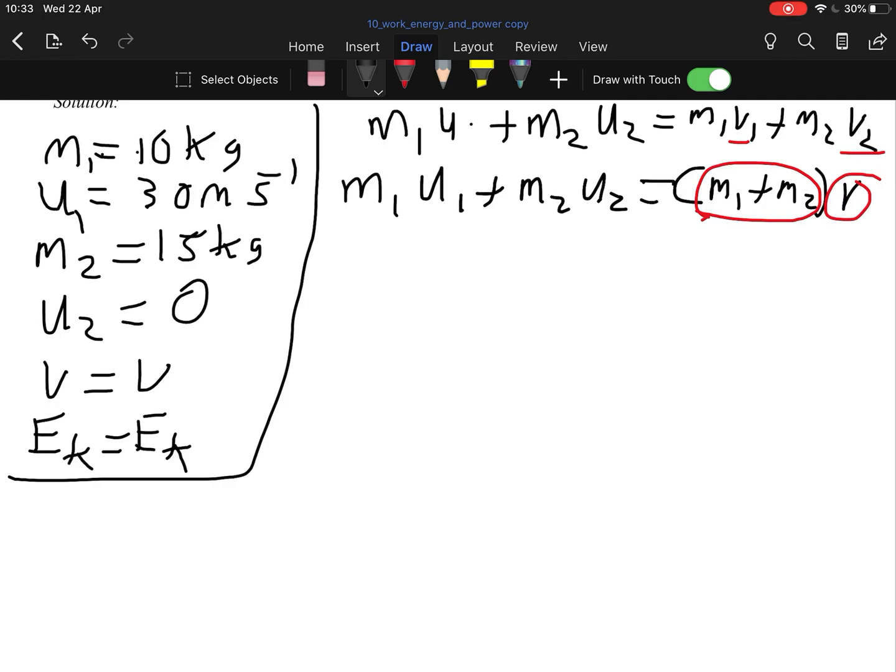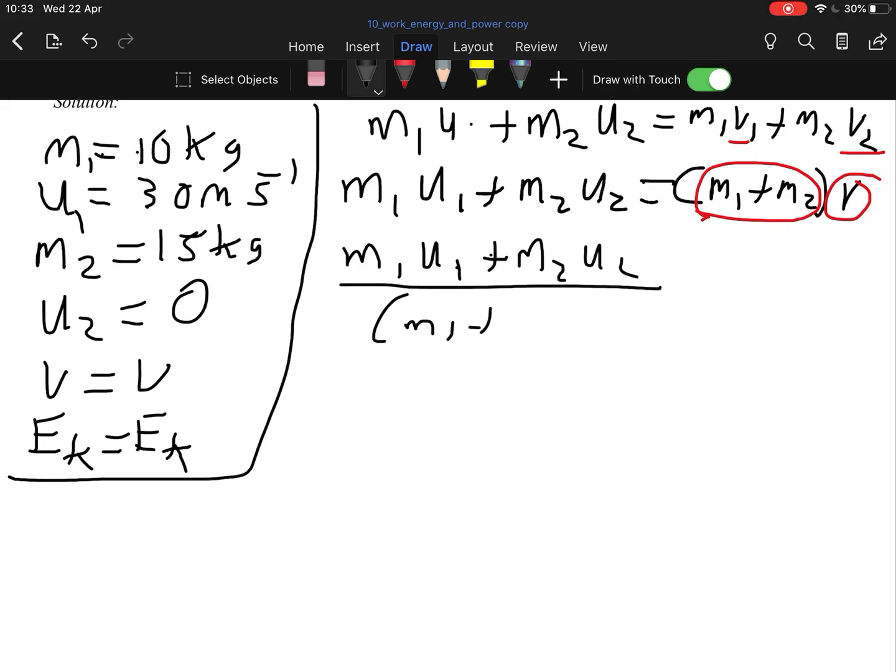You sub all your values in. Because the pen's not really working so great, I'm going to rearrange this equation first: M1 U1 plus M2 U2 divided by M1 plus M2 equals V. You don't have to do it this way.